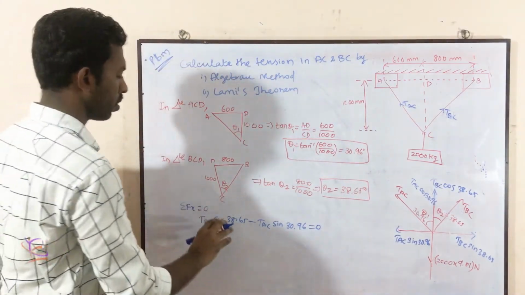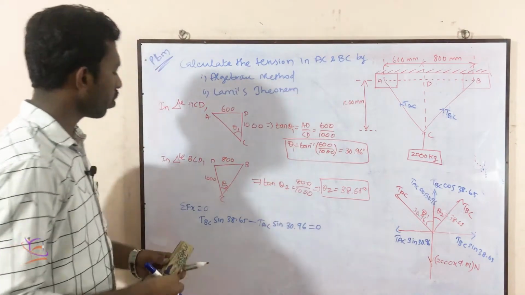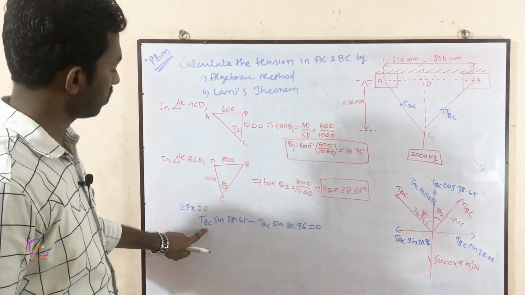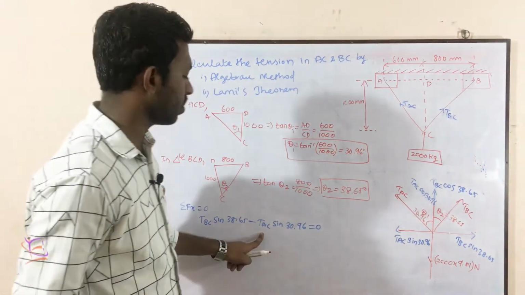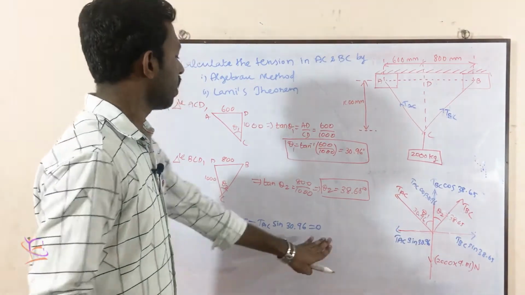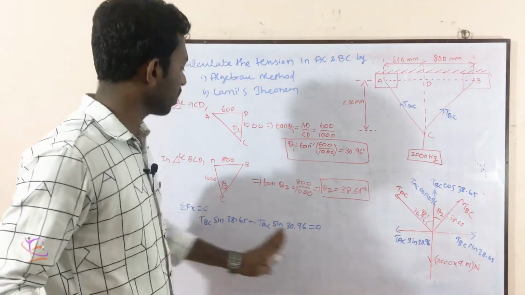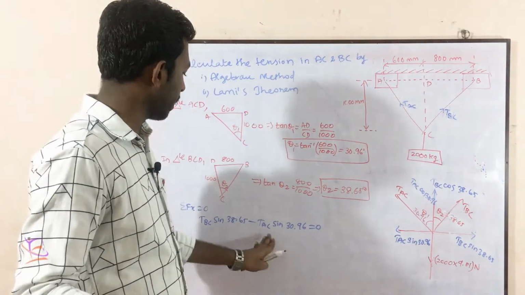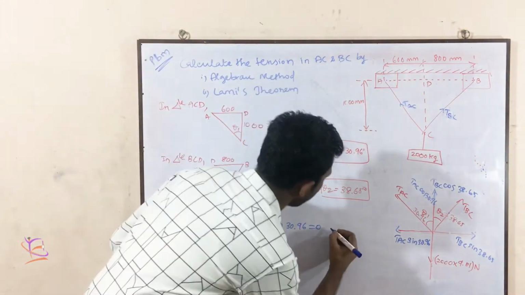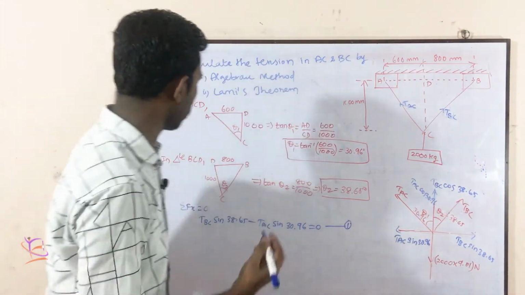We don't know the value of TBC or TAC, we are going to calculate them. Substituting summation Fx equal to 0 alone, you can't calculate because these two values are unknown. You can keep this as equation number 1.